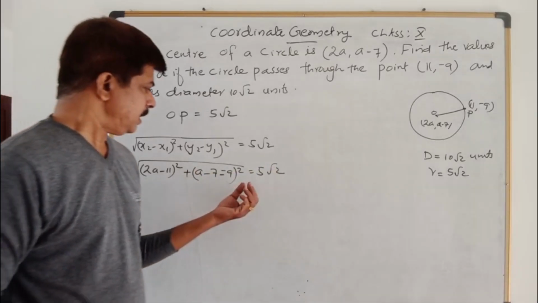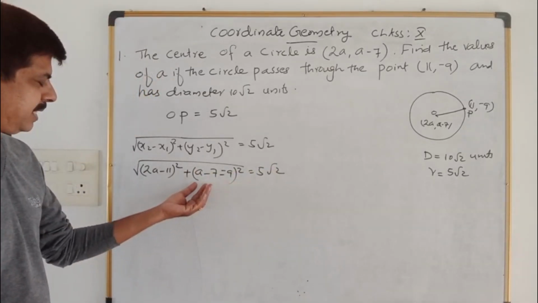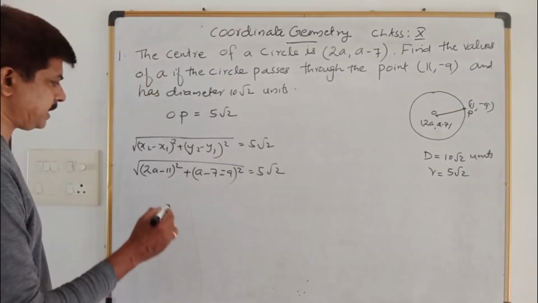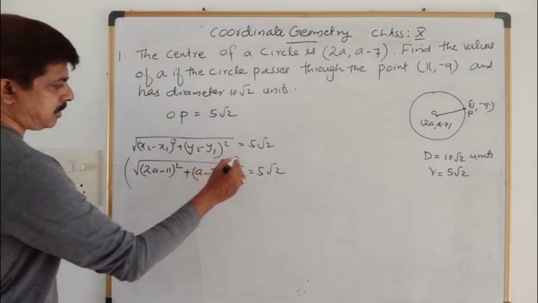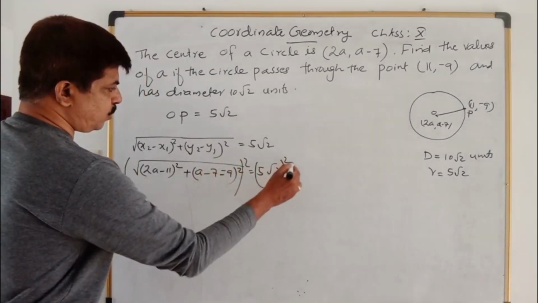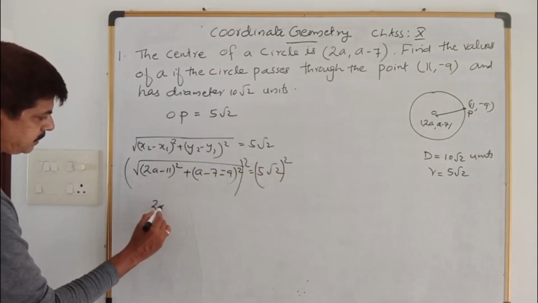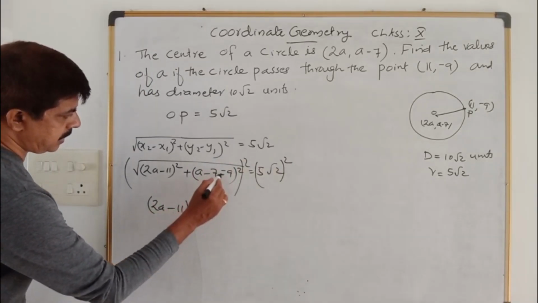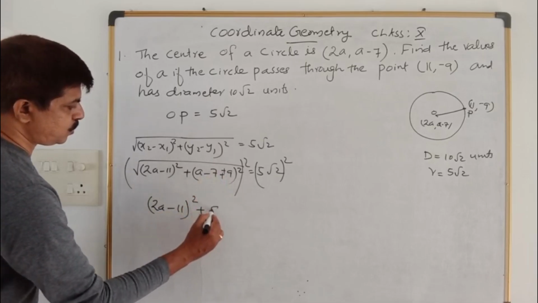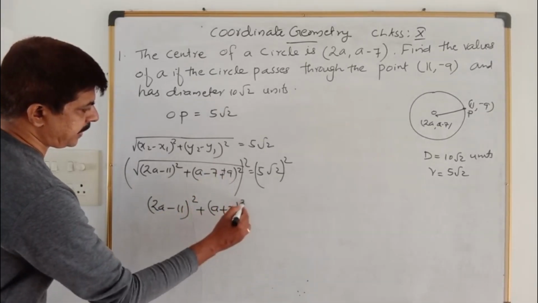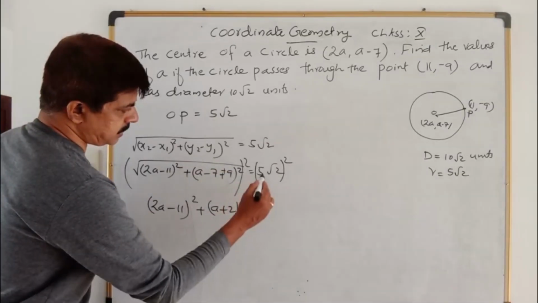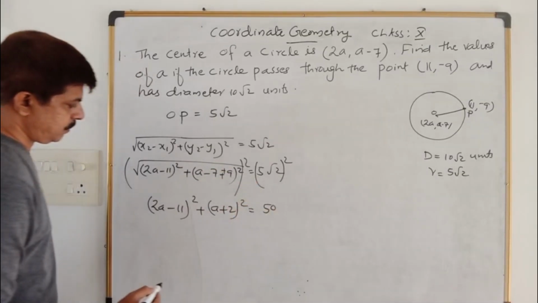There is a square root on the left-hand side, so we remove the square root by squaring both sides. So it becomes (2a minus 11) whole square plus (a plus 2) whole square equal to 5 times 5 is 25, into 2, which is 50.